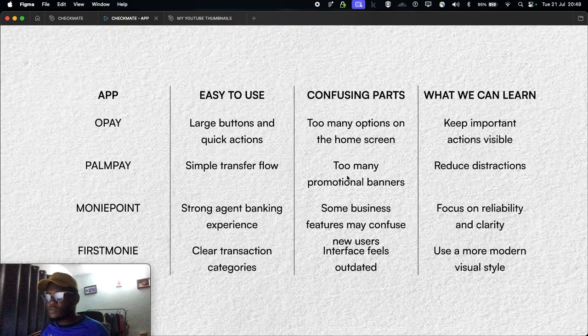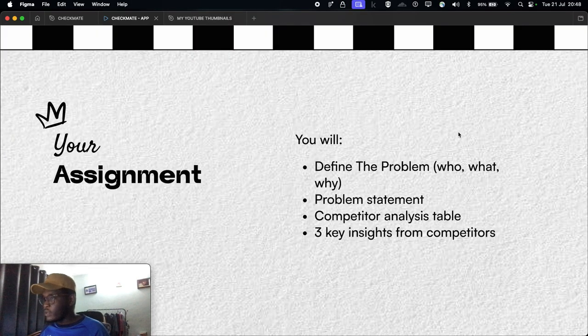I want you to do some research. Go to Play Store, look at what people are saying, especially what most people are complaining about, right? Note that down. Then write down what you can learn. You get. And then for the other parts where I mentioned define the problem and the problem statement.